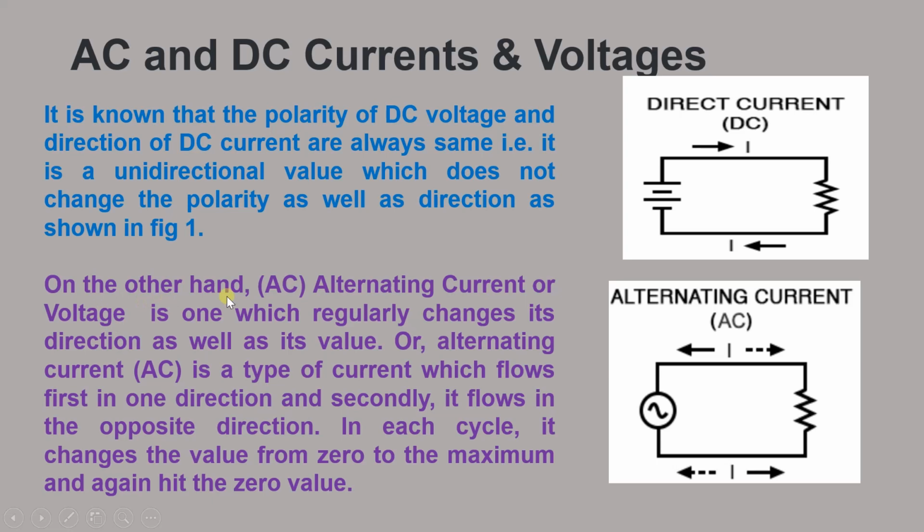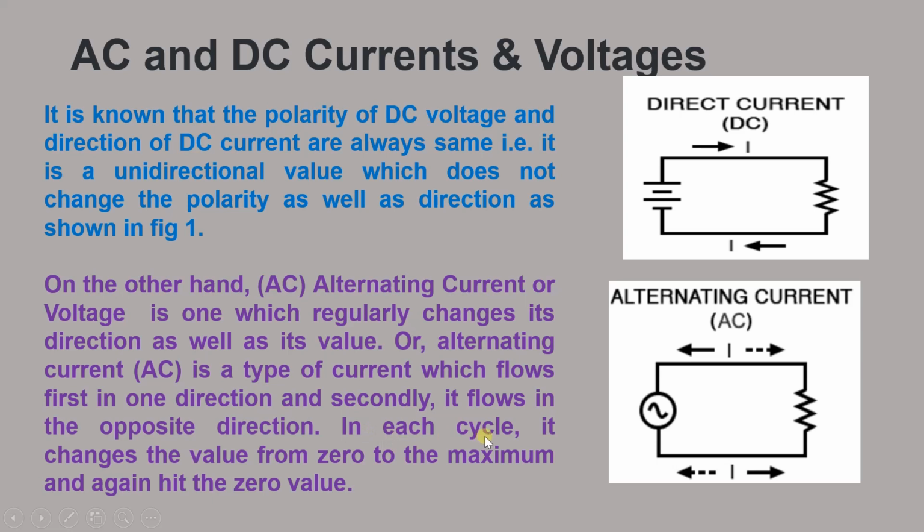But on the other hand, alternating current or voltage is one which regularly changes its direction as well as its values. Alternating current is a type of current which flows first in one direction and then flows in the opposite direction.